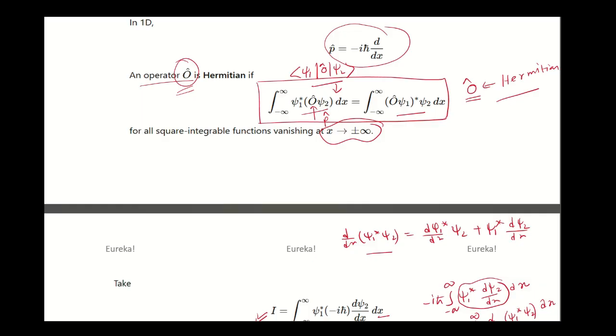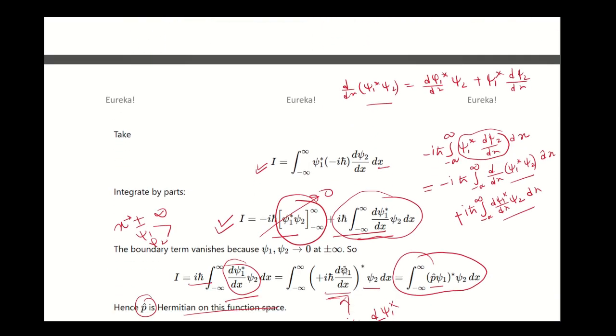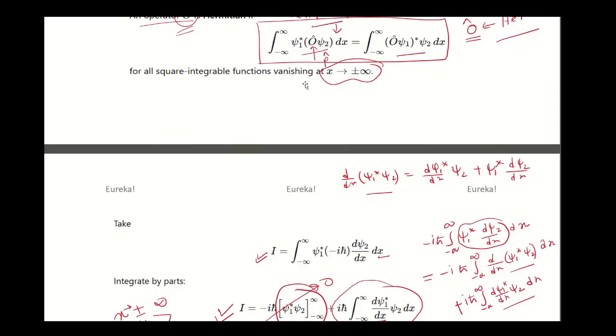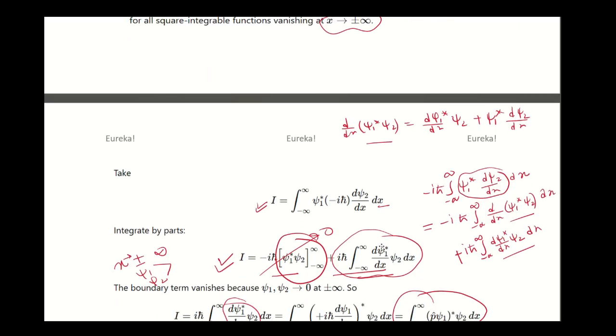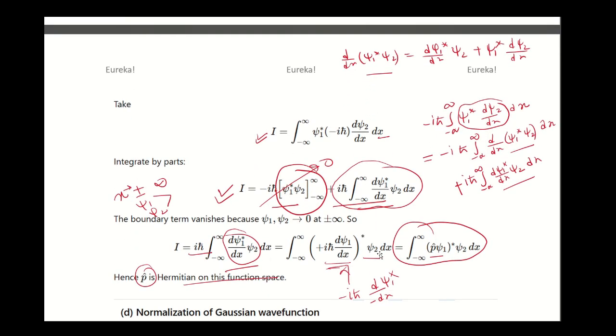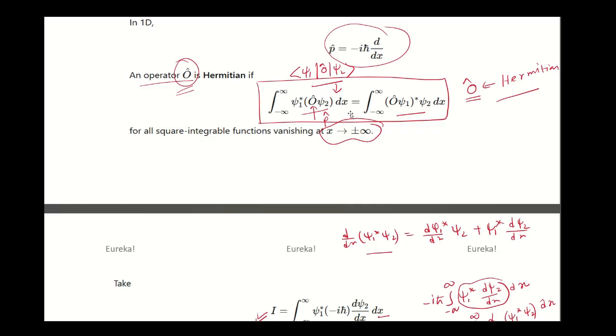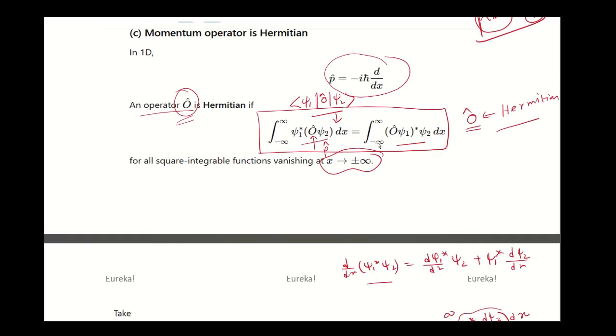Here we can see that the momentum operator p follows the same thing. That means the momentum operator is Hermitian on this function space. So this is the general form we have to remember.